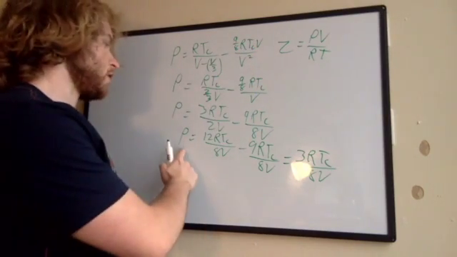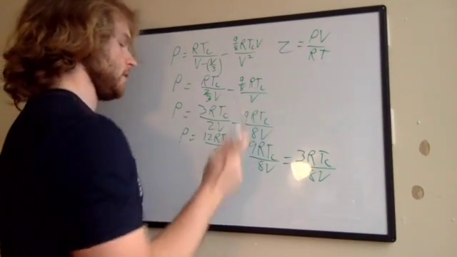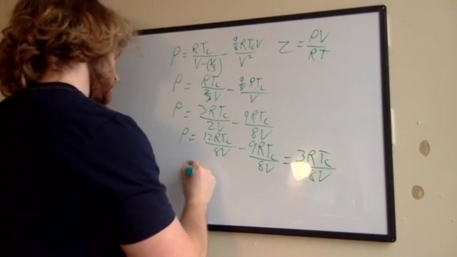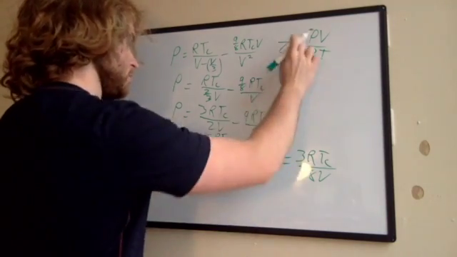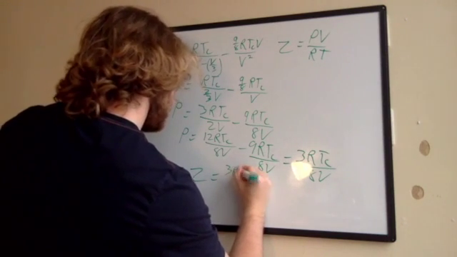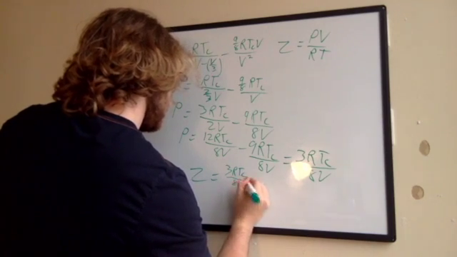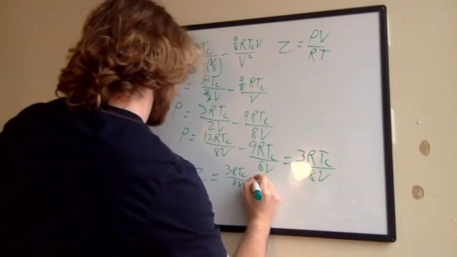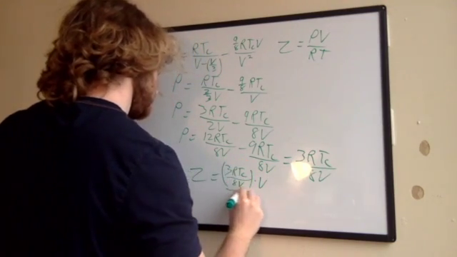Now that we've solved for our P, we're going to plug this in for the P up here. So we're going to get Z is equal to, and we write this in where we should be writing P, so 3R times the critical temperature over 8 times the volume, and we're going to be multiplying that by V, with some parentheses around there.